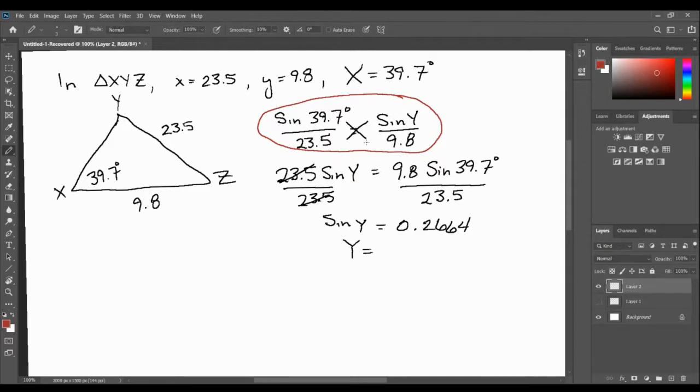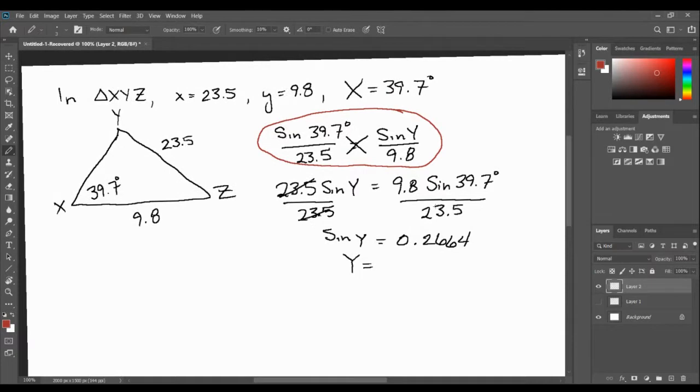Then go ahead and write the equal sign, and then the denominator of the other one multiplied by the numerator of the first one. And then it's just algebra at that point.